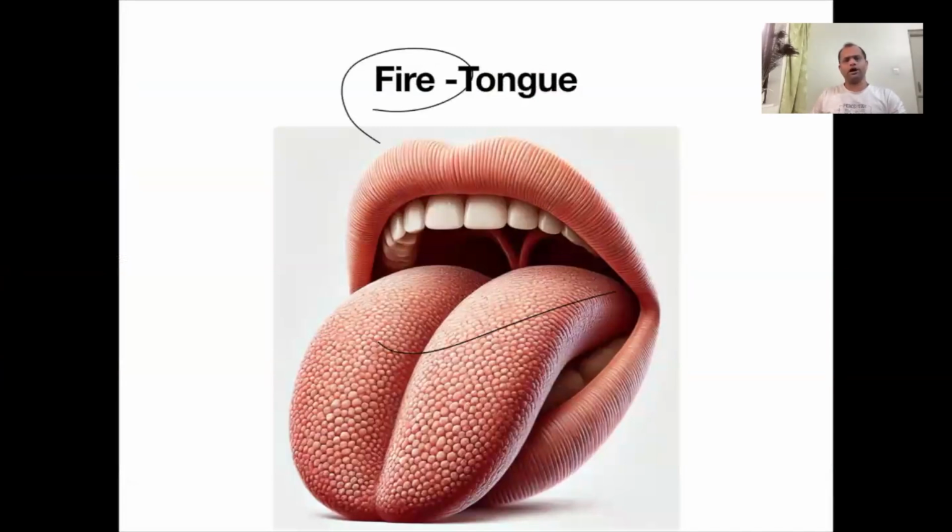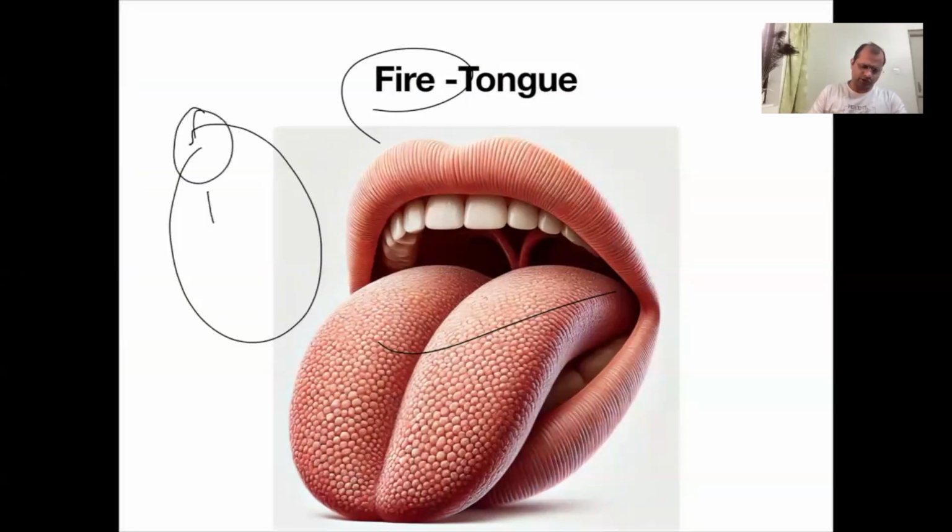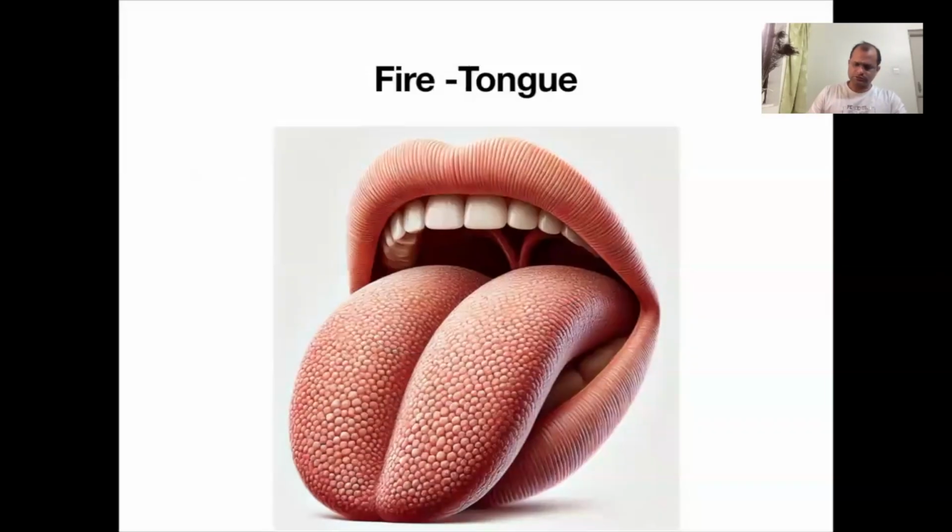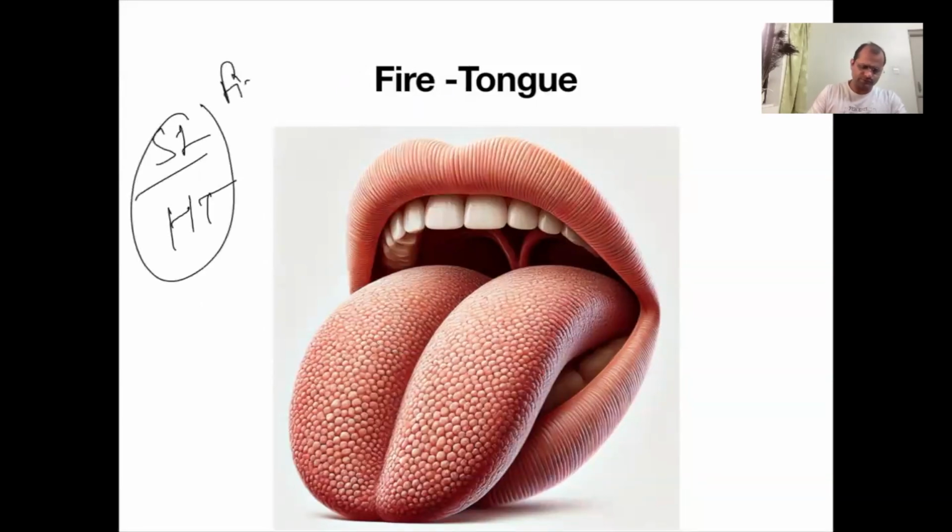Tongue is fire. I just told you in the 5 element cycle, if we talk about the fire, fire means heart. Fire means small intestine. It means if your heart is good, your small intestine is good, means your fire is good, then you can see effect on the tongue.